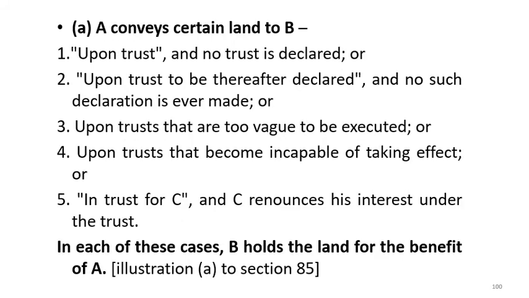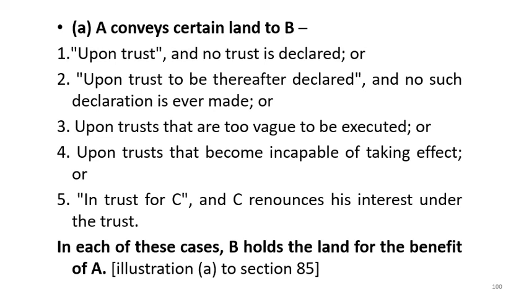Illustration given in this one. First illustration. A conveyed certain land to B upon the trust and no trust is declared. He has transferred the property to B saying that this is for a trust, but no deed of trust is declared.